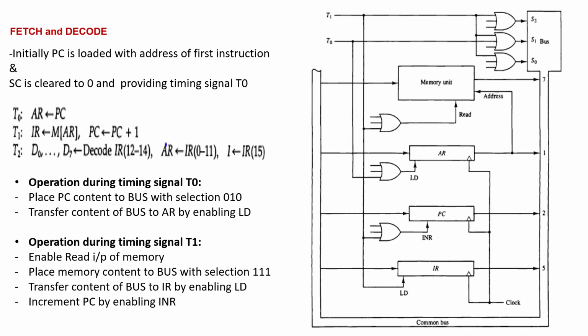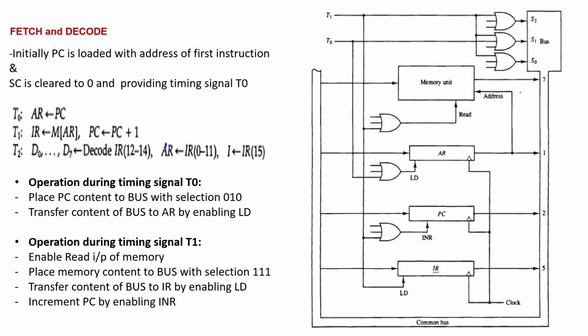For that, we take the help of different types of registers. First of all, whatever information or instruction we obtain will be in the instruction register. Here we have the structure of the common bus.